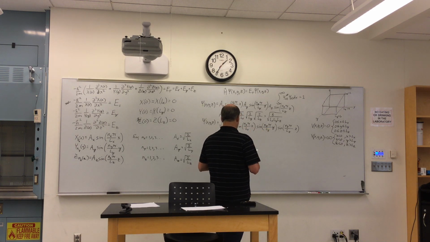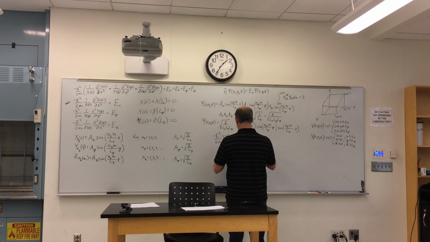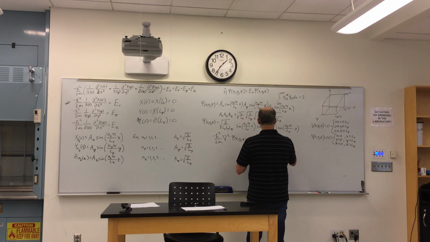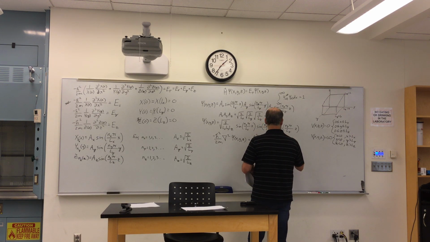What you'll end up with is that this is equal to h bar squared over 8m times nx squared over Lx squared plus ny squared over Ly squared plus nz squared over Lz squared.